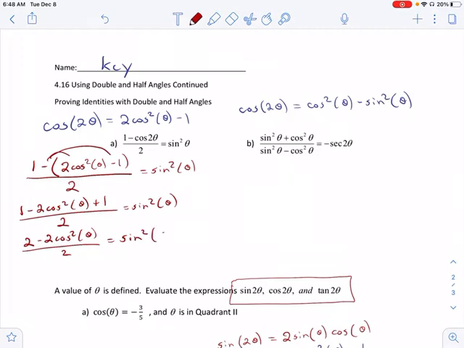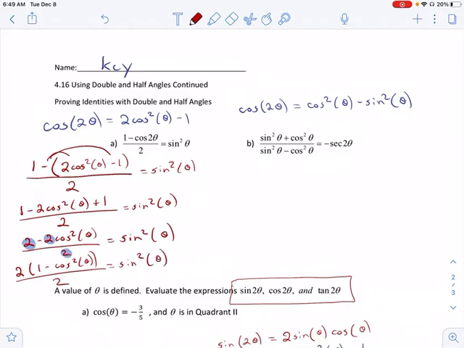And one thing I would point out, when prepping for this, I crossed out all those 2's, which you might think violates a fraction rule, right? So I can get rid of this one, this one, this one. But what I'm going to show instead is factoring a 2 out of my numerator. So this becomes 1 minus cosine squared theta, all divided by 2, equals sine squared theta.